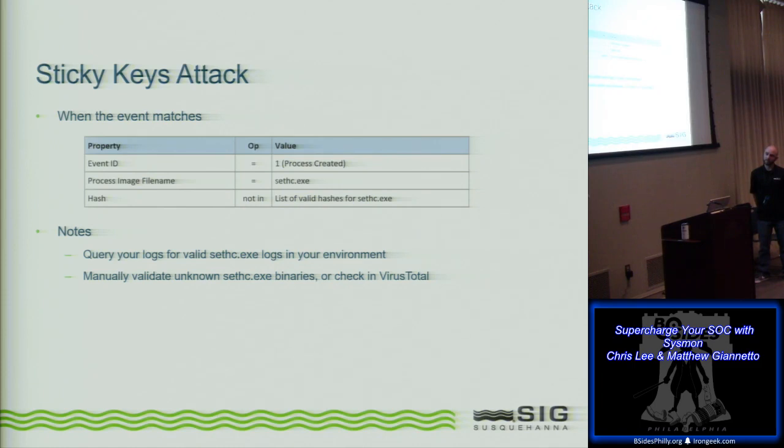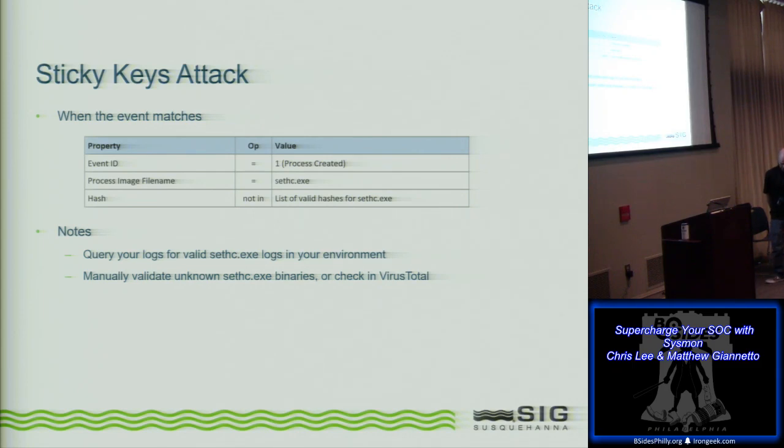So what the attack is, you swap out sethc.exe with a piece of malware or even just cmd.exe. If you hit shift 5 times, it'll pop up the shell. That works even at the Windows login screen. So that potentially gives you the ability to get access to a system without logging in.